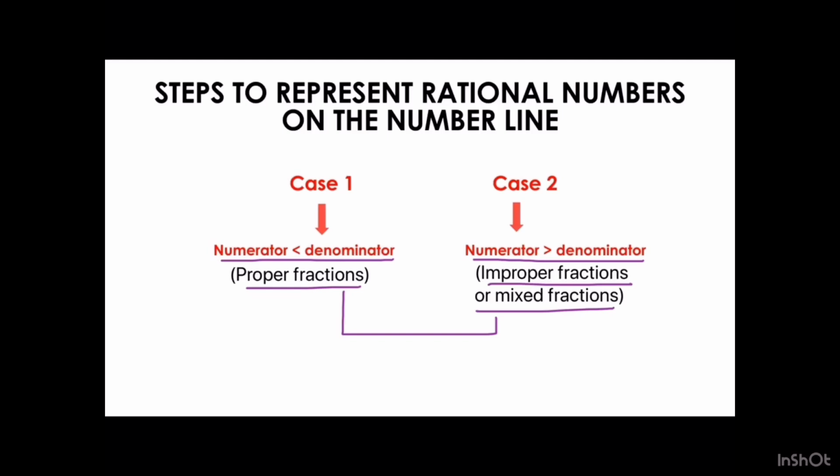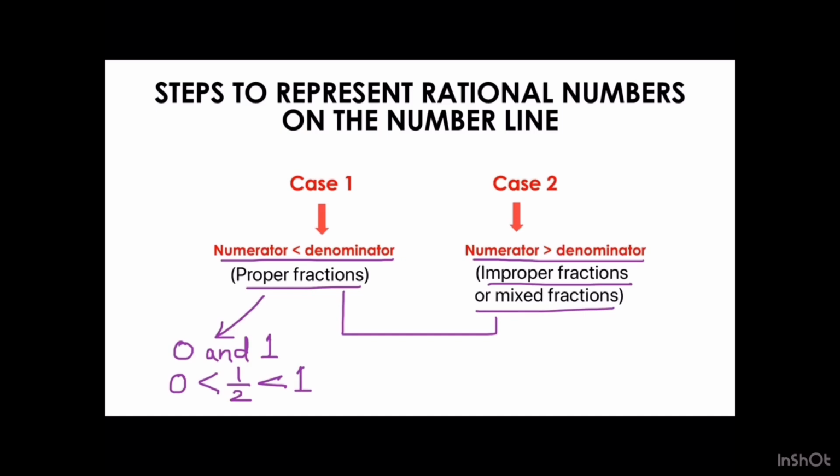The rational numbers that are proper fractions lie between 0 and 1. For example, let's take 1/2. Now 1/2 is greater than 0 and it is less than 1. So 1/2 lies between 0 and 1.